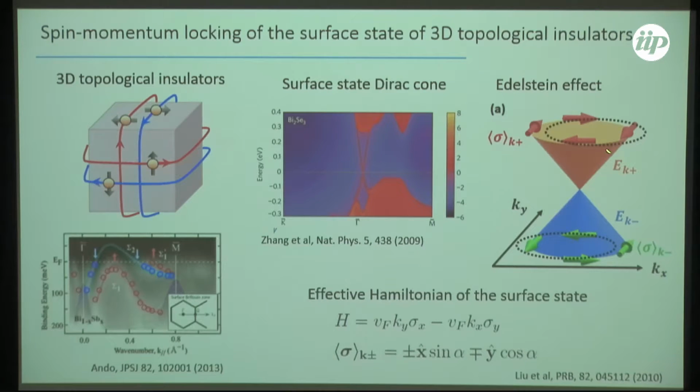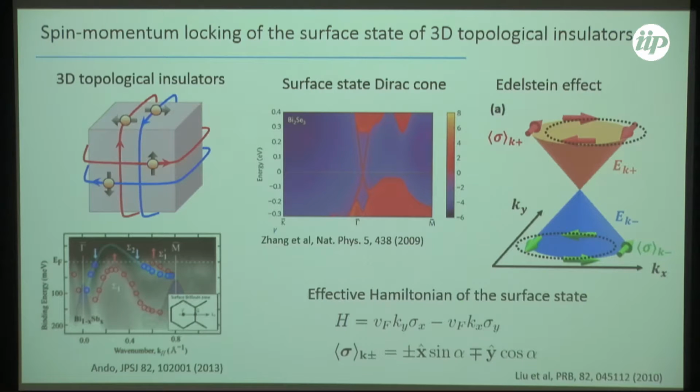Once you apply an electric field, the electron cone is going to be shifted in the positive direction, and the hole cone is going to be shifted in the negative direction. But the spin polarization along the direction that is shifted is the same, and therefore you will produce a net spin accumulation instead of canceling out, just because the helicity of these two is opposite.